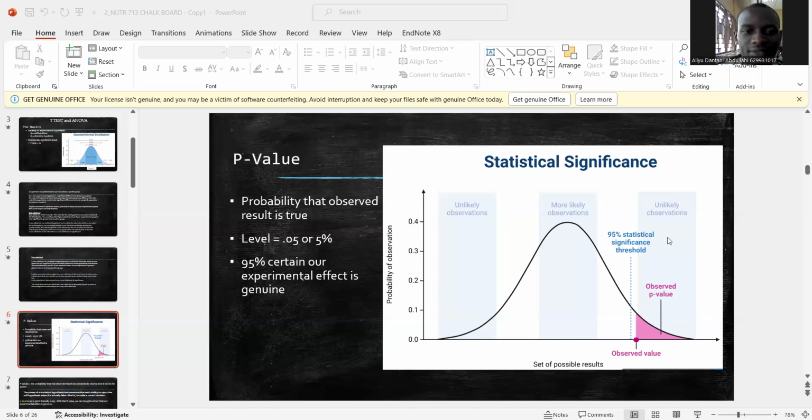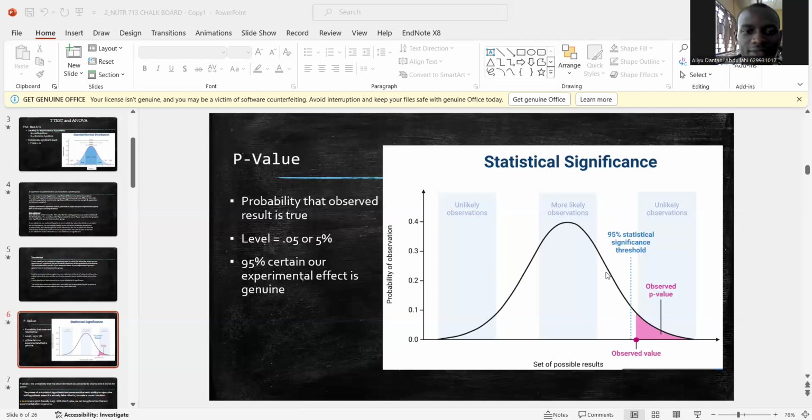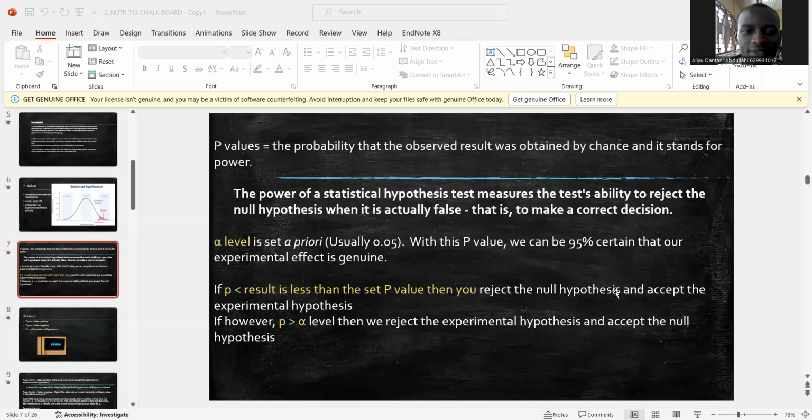So this is for one-sided tests. For two-sided tests, you have this same coloration here. So basically that's what it means. I'm sure if you read this now and you correlate it with this figure, it will make sense. 95% certain our experimental effect is genuine, of course.